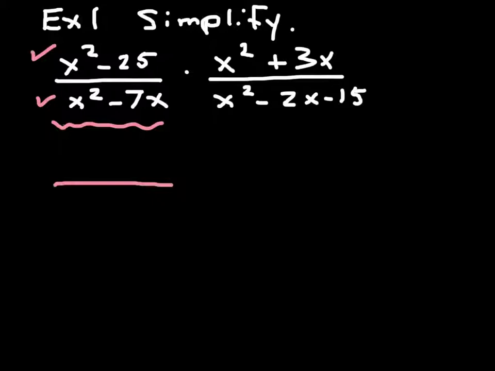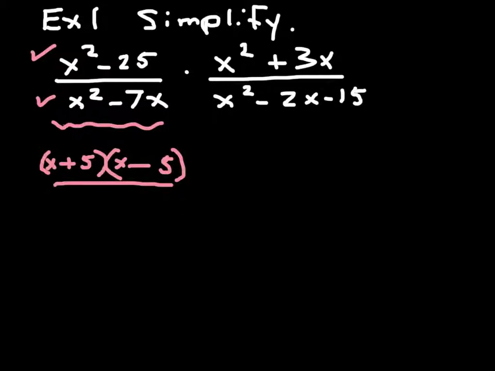Notice the binomial on the top is the difference of two perfect squares. And remember, the difference of two perfect squares is always a plus and a minus. Then we can break that down to x and 5 and x and 5. If I FOIL that, I'd get x squared minus 25. In the bottom, it's a binomial, but it's not the difference of two perfect squares, so I can't do anything that way.